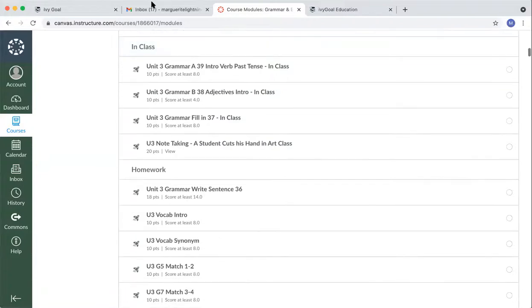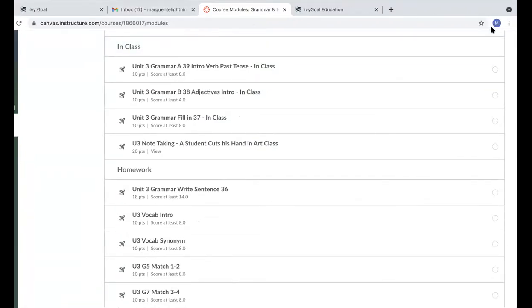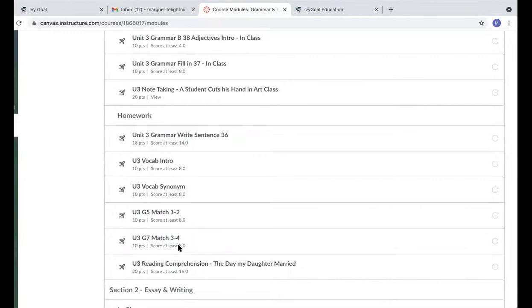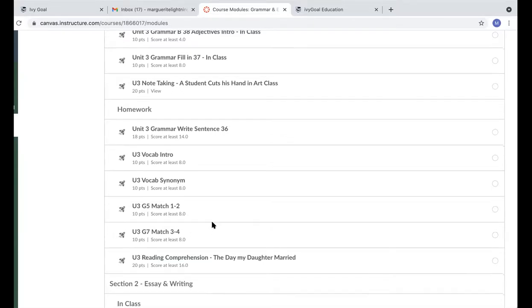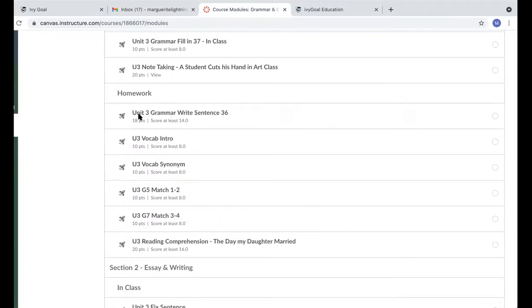So I'm going to have you work on these homeworks. You can see Unit 3 grammar, Unit 3 vocab intro. I think what I want you to do, yeah. Let's see, vocab 10, 10, 10, 10, 10. Are you going to do all of them? That's what I was trying to decide. No, I want you to focus on Unit 3 grammar, right sentences. That's the first one. And the vocab intro and the synonym. So just these 3. Oops, sorry. I'd like you to do these 3. Okay?